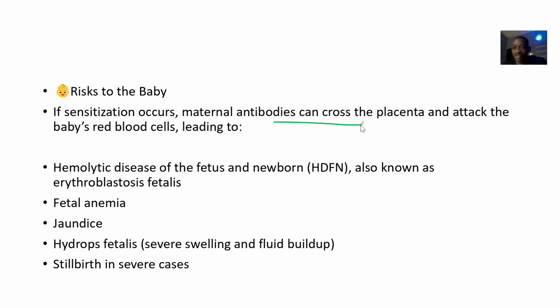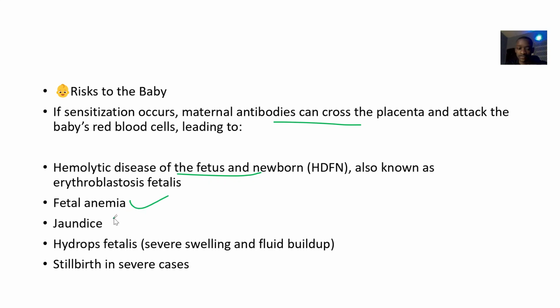Antibodies are produced, they cross the placenta, they attack the baby. It can cause hemolytic disease of the fetus and newborn, also known as erythroblastosis fetalis. It will attack the red blood cells of the baby and break them down. Do you understand? So the baby can now be lacking red blood cells because a lot of it was broken down.